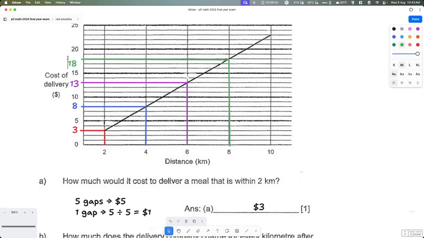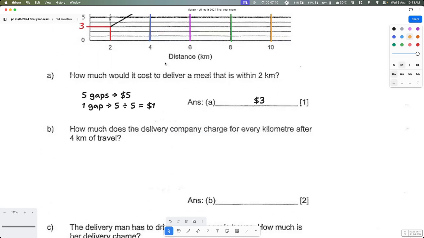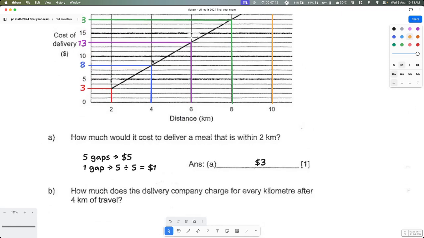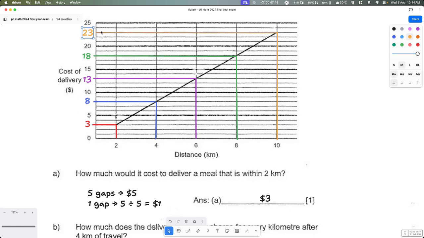And lastly, for line 10, let's make this yellow, and this should be 23. So you can see how much it is for every kilometer after 4 kilometers, from 8 to 23.